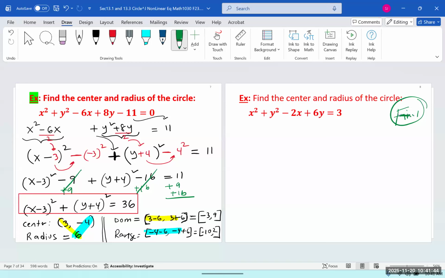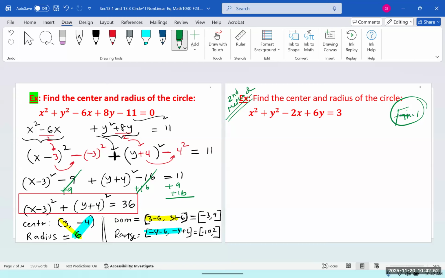What's the center? What's the radius? Ready?